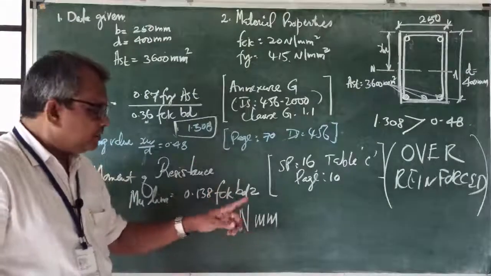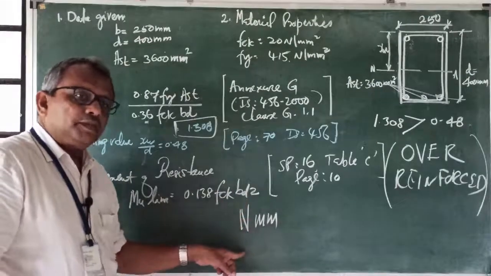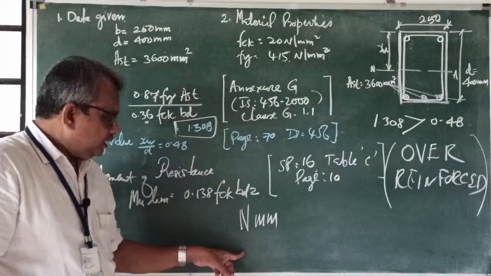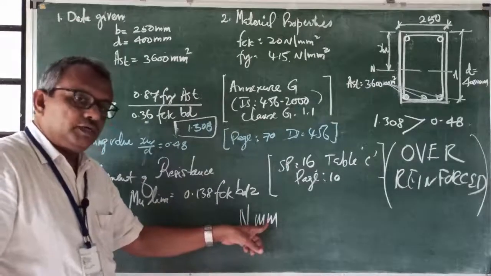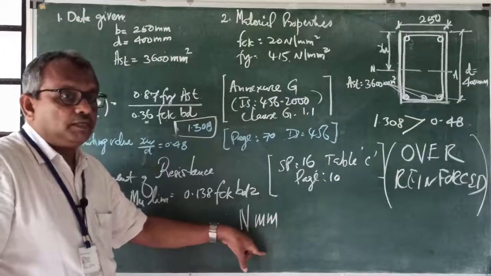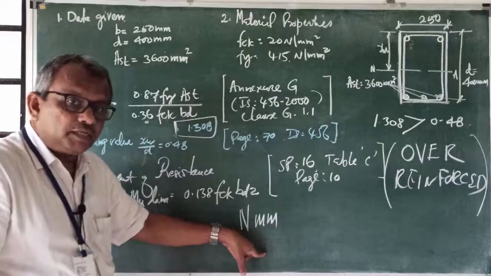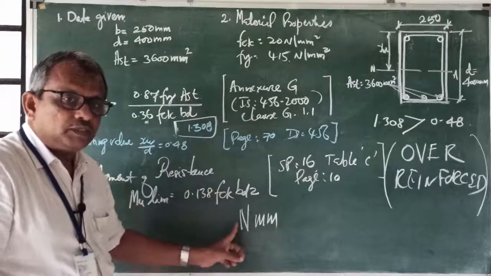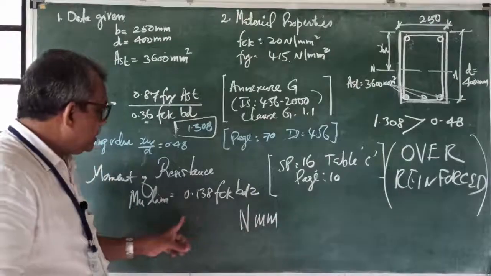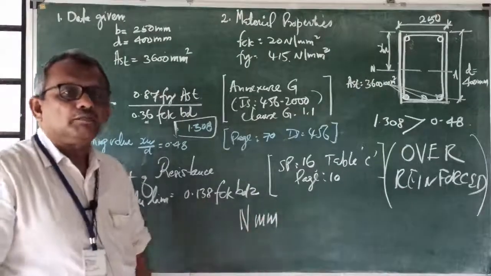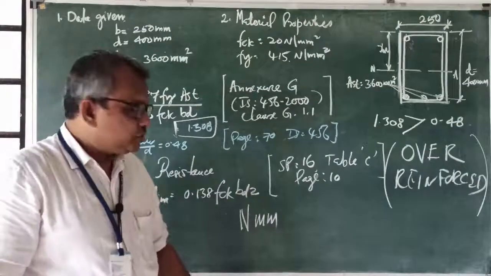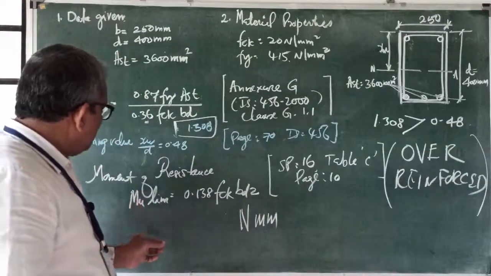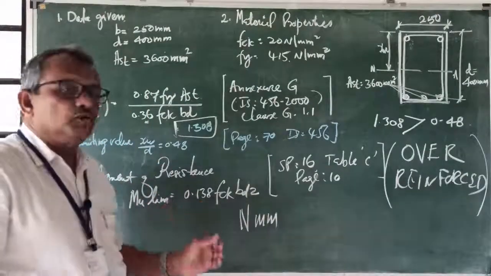To convert Newton into kilonewton, divide by 10 raised to 3. Similarly, to convert millimeter into meter, also divide by 10 raised to 3. So divide by 10 raised to 6 in total. So you will get the answer in kilonewton meters. That much kilonewton meter will be the moment of resistance. That is the solution of this question.